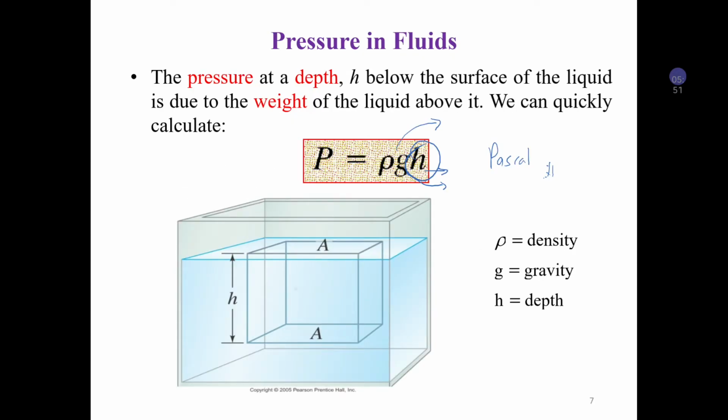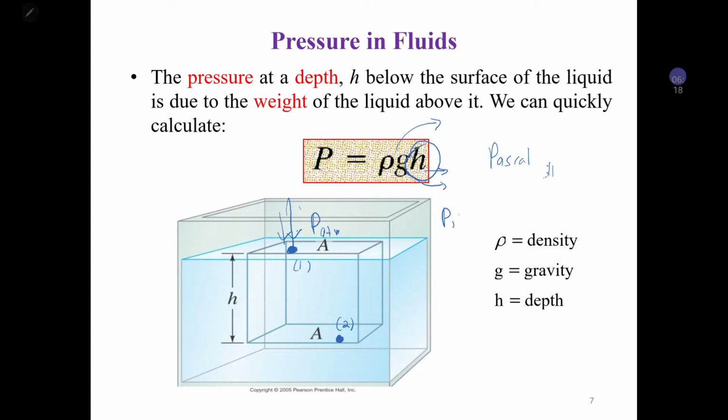Okay, so for example, you want to calculate the pressure here. I call this point 1, and this one point 2. If you want to calculate the pressure at point 1, the only pressure that occurs here is atmospheric pressure.